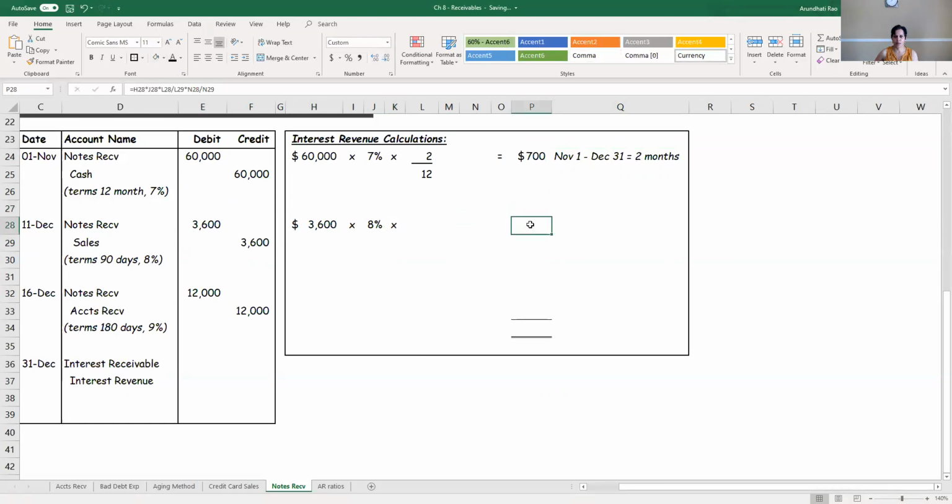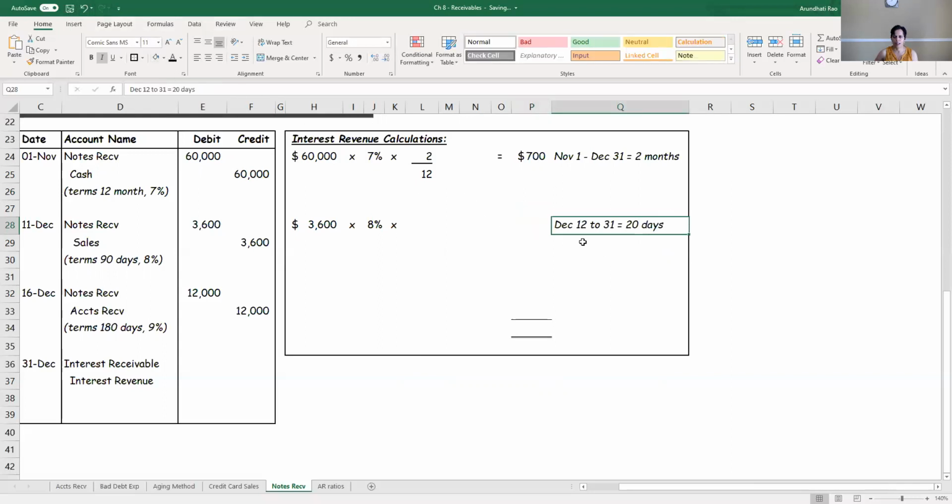That's what I need in this calculation. So before I get to that, let's look at the days. I'm going to count from December 12th. We always start counting the date after the invoice. So December 12th through the 31st, both numbers being inclusive, you have 20 days.